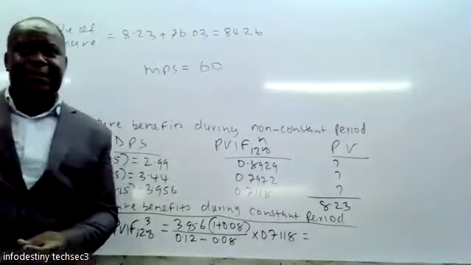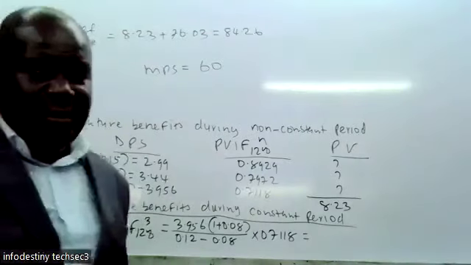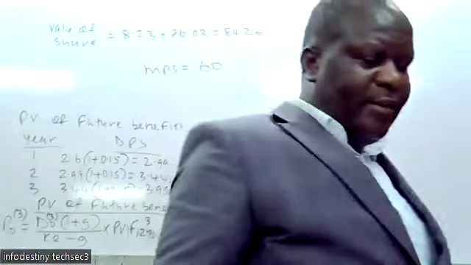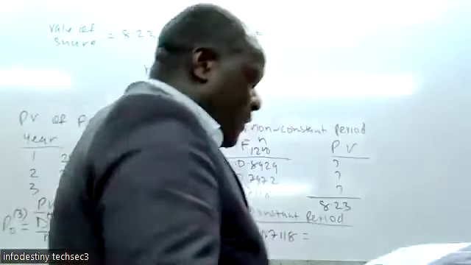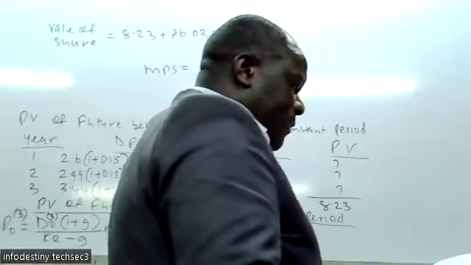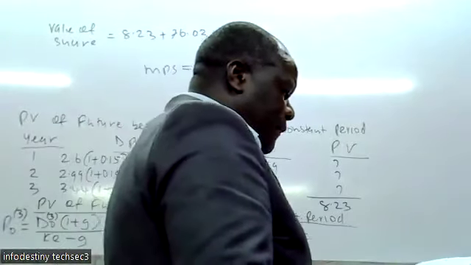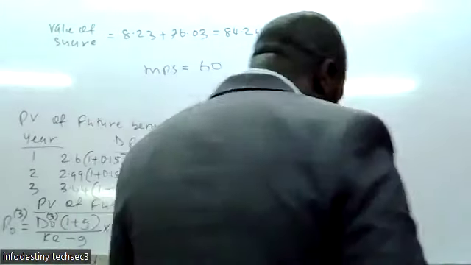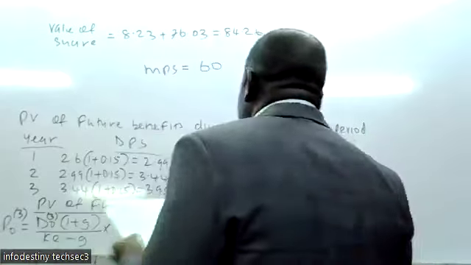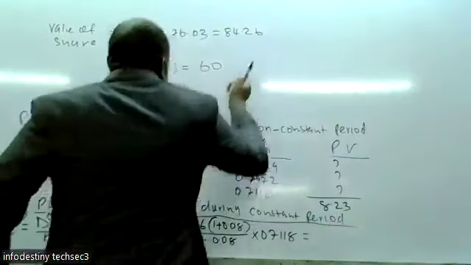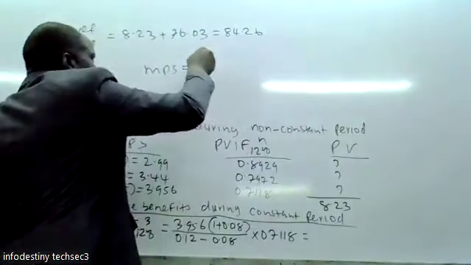There is a place where they had said that it is not 60 but 64. The shares of the company are expected to sell at 64, so the price per share is expected to be 64.